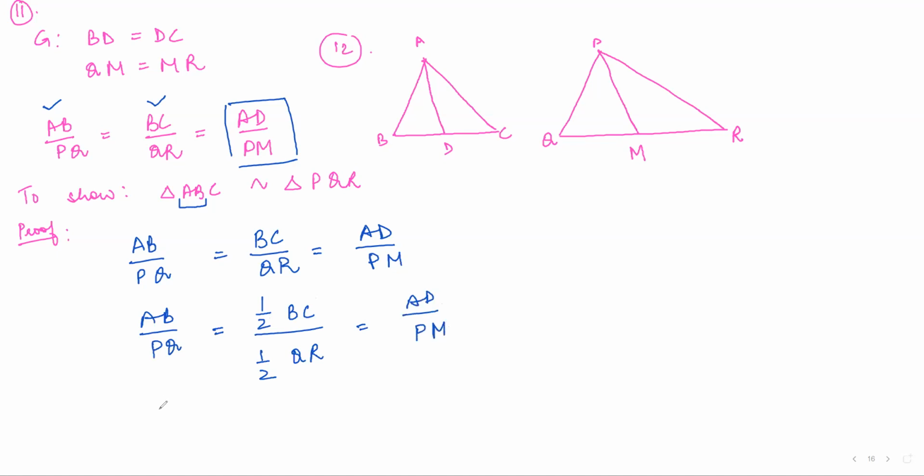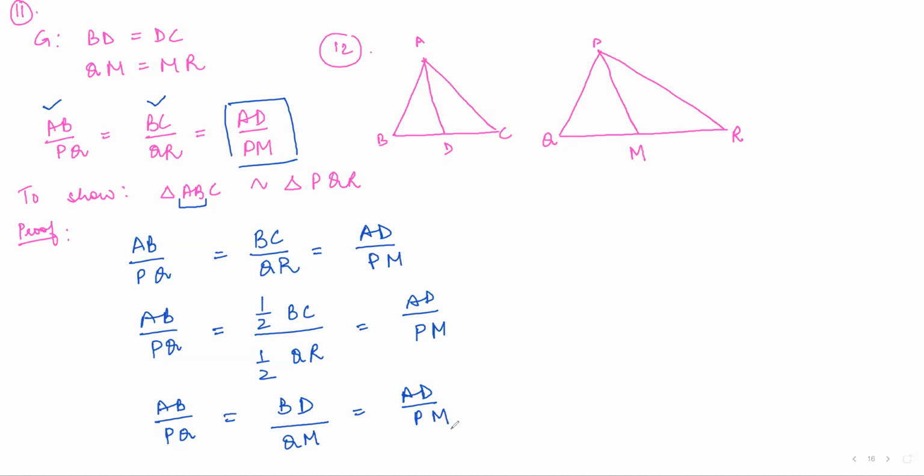Now what is half of BC? Half of BC can now be written as BD, because AD is the median. So half of BC is actually BD, and similarly half of QR will become QM, is equal to AD by PM.